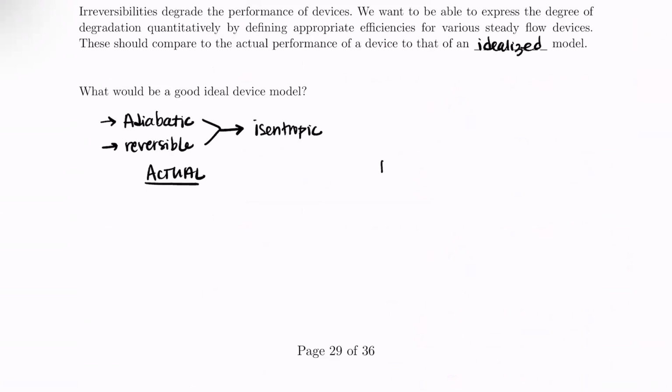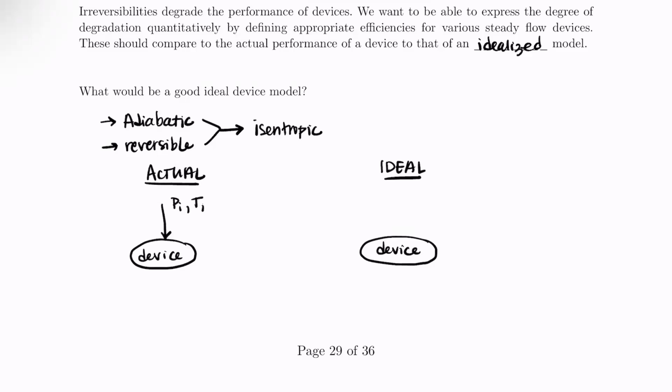Okay. So that means that if we compare our actual device versus our ideal device, here's our device. We have the same inputs or same inlets. So we have Pi, Ti, hi, si, and m dot. And they are going to stay the same.